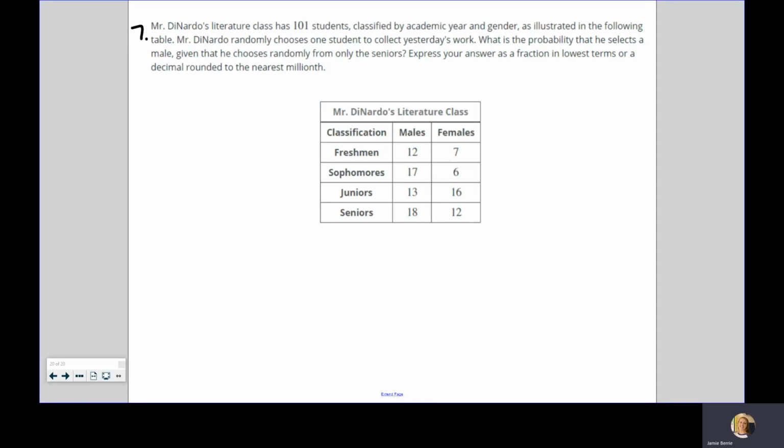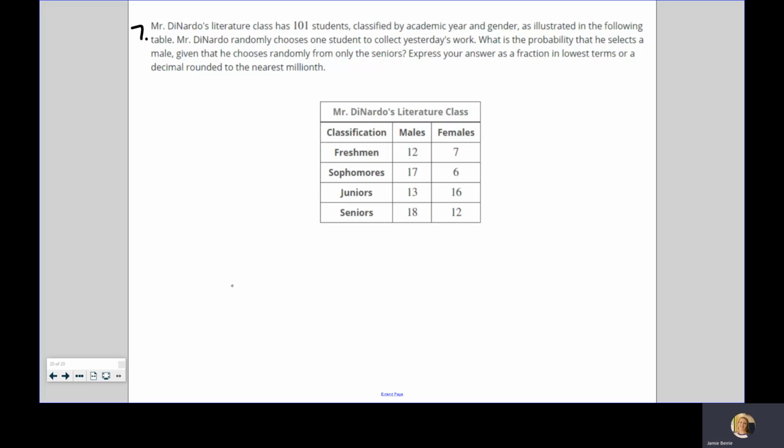So this is an example of dependent events because we are only looking at the seniors here. That is going to have an effect on our choices. Since we're only choosing from the seniors, it affects how many males we have to choose from versus how many females.